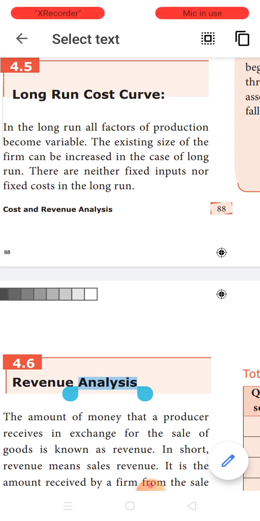So you cannot differentiate it in the long run as total fixed cost and total variable cost, because in the long run all the factors could be changed. As a result, even fixed cost will become variable cost. So there is only one cost, which is called total cost, in the long run.